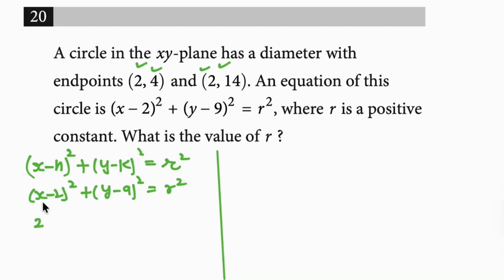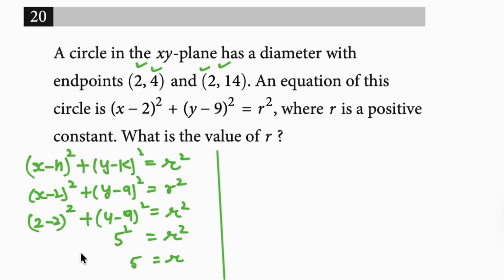So I'll just plug in x as 2 and y as 4, and that is equal to r squared. So 5 squared is equal to r squared. So r is equal to 5. Generally, if r squared is equal to 25, then r can be plus or minus 5. But we know radius cannot be negative, so we are just saying r is equal to 5 is our value.